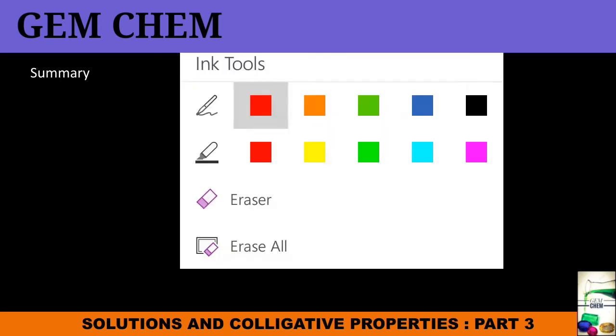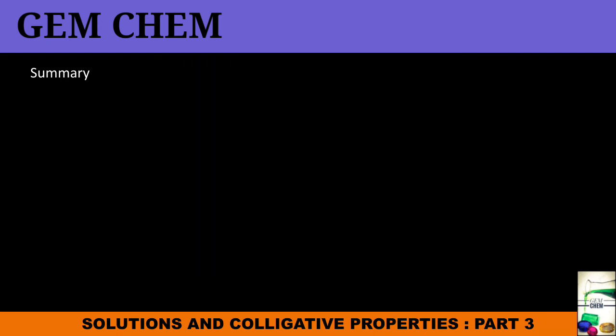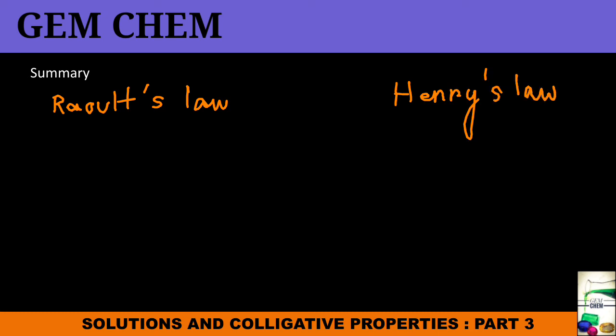Now if we want to summarize, then what is it? For Raoult's law and for Henry's law. Raoult's law states that small p1 equals x1 p1 star, and this is applicable for solvent.